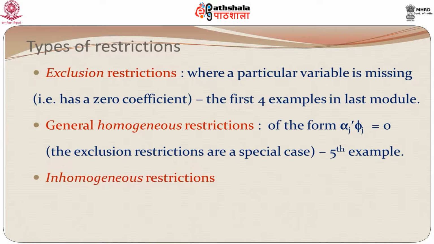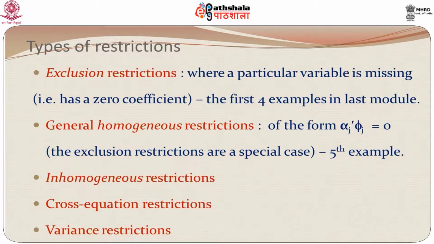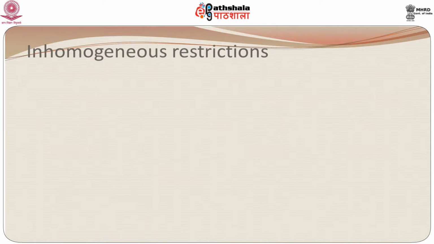But there are sometimes inhomogeneous restrictions, that is, the relationship between the parameters is such that it is not equal to 0. We can even have cross equation restrictions, that is, restrictions where the parameters involved are coming from two different equations. We can even have restrictions on the variance covariance matrix. So, there can be different types of restrictions. Let us look at them one by one.